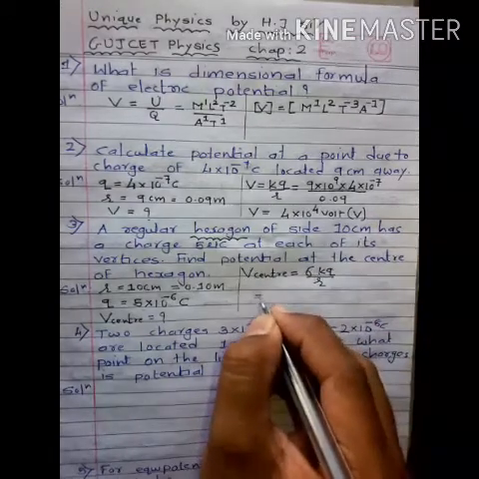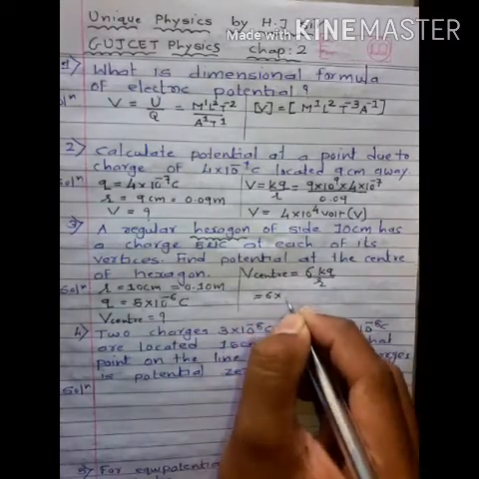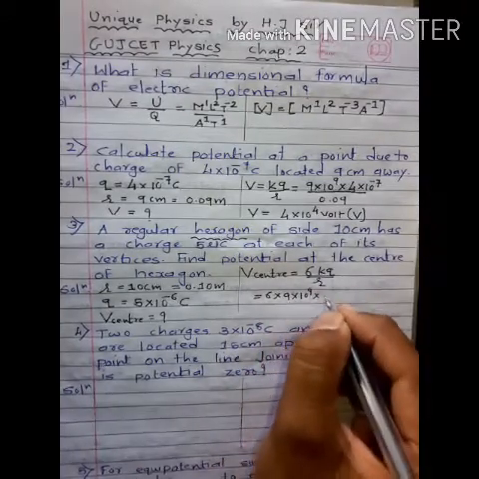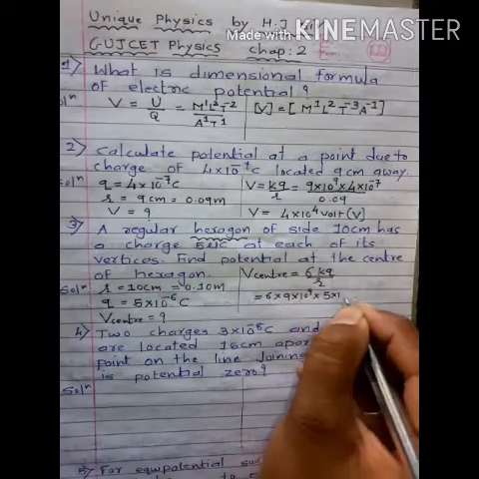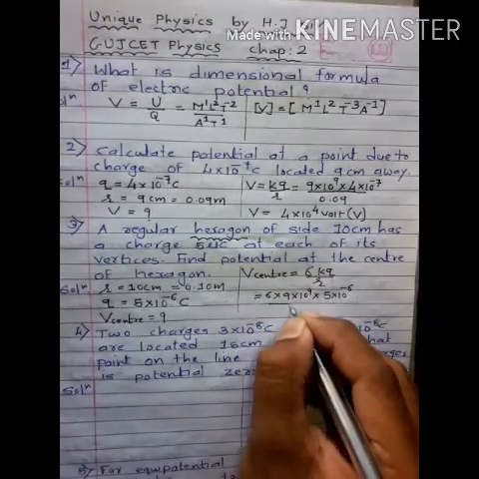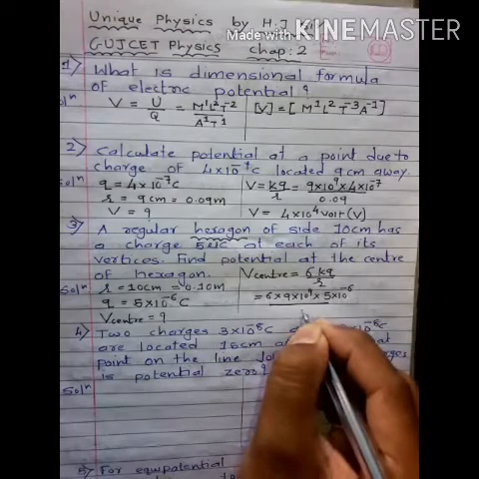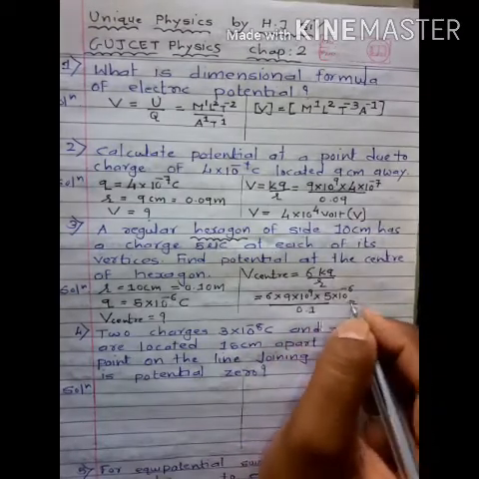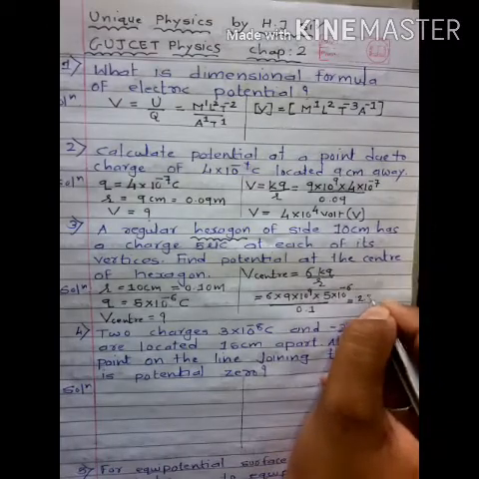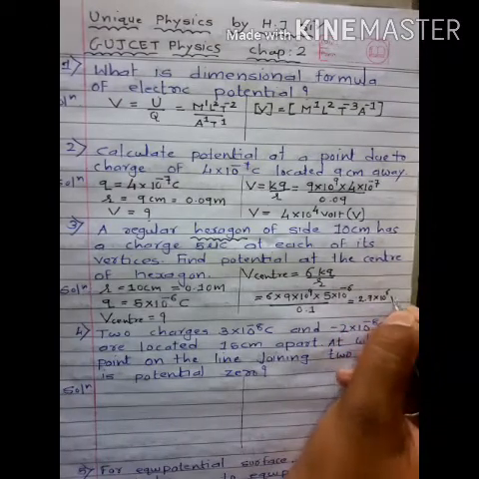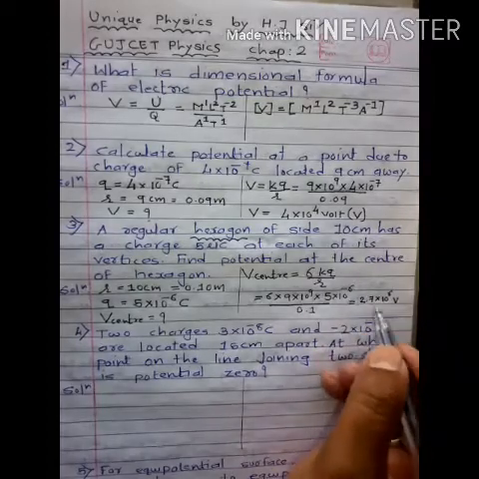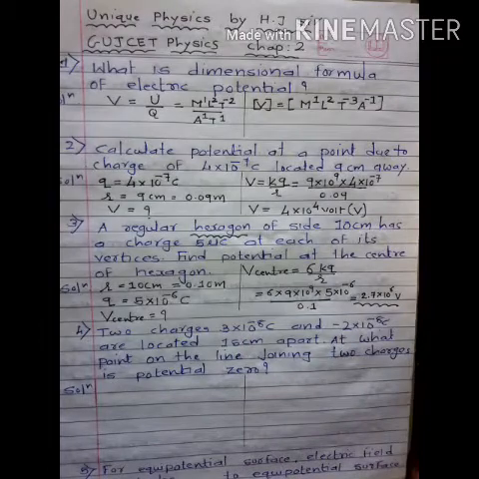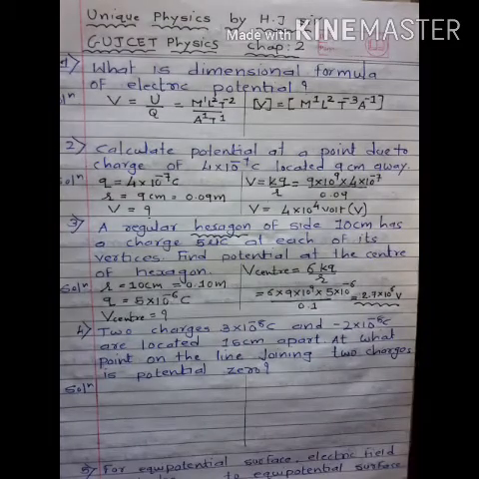Now substitute all values. 6 as it is, K, 9 into 10 raised to 9, into Q, the value of charge, 5 into 10 raised to minus 6, distance 0.1. Clear? Try to solve this term. So your answer is 2.7 into 10 raised to 6 volt. So the total potential at the center of the hexagon is 2.7 into 10 raised to 6 volt.